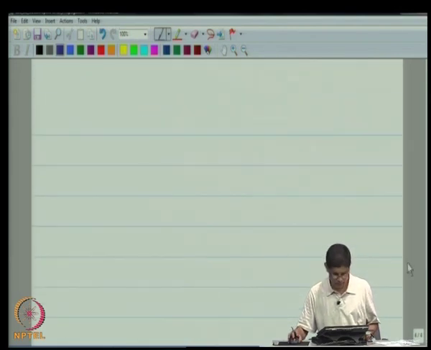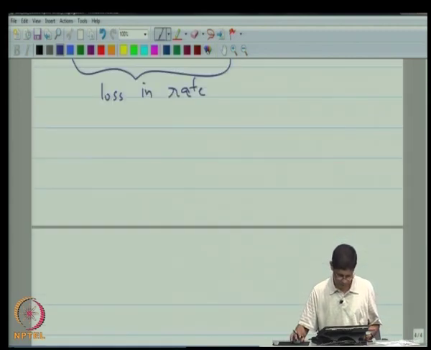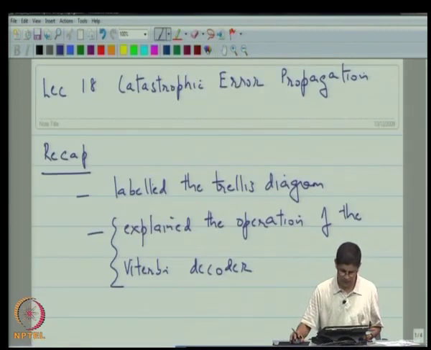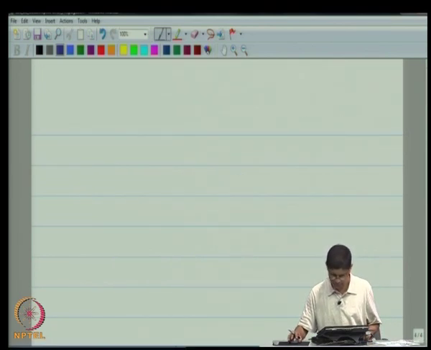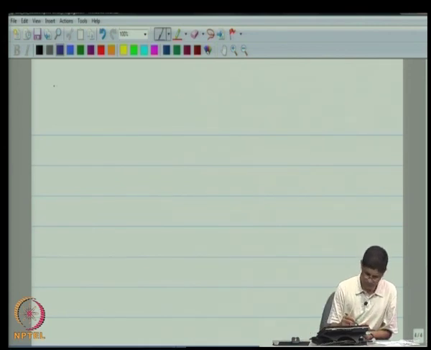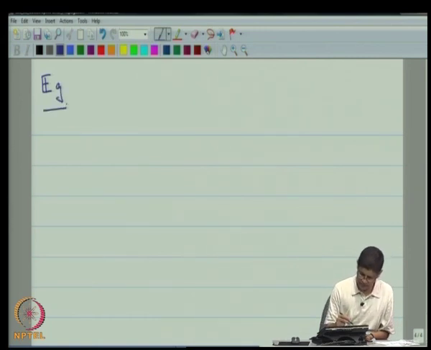Now, I want to get into the topic of our lecture, which is catastrophic error propagation, and the way I will actually begin that is by using an example. In this example, consider a convolutional code.